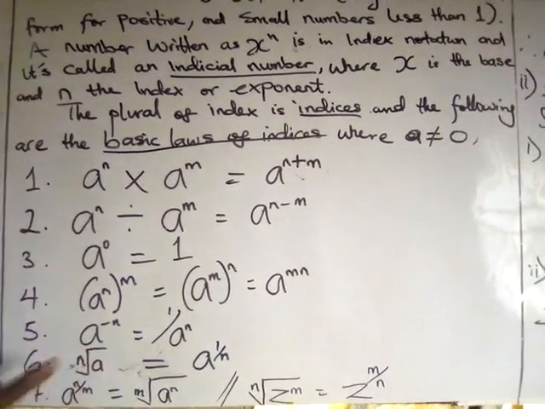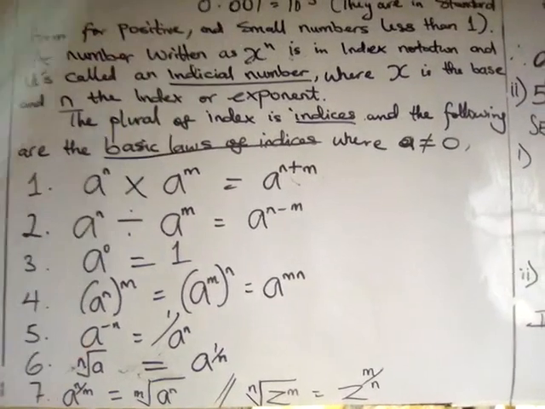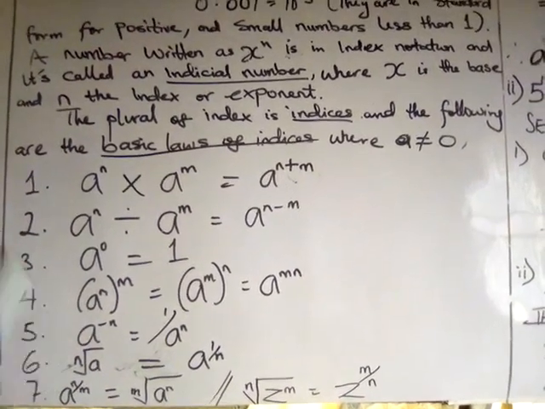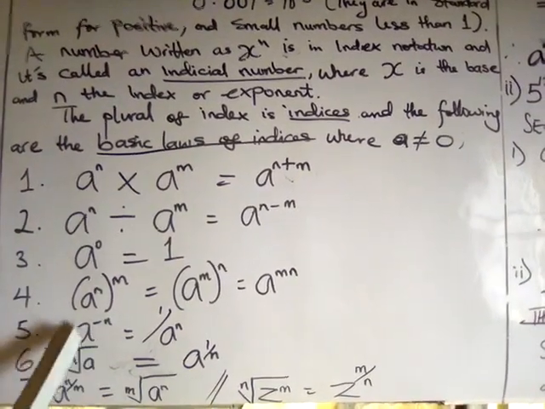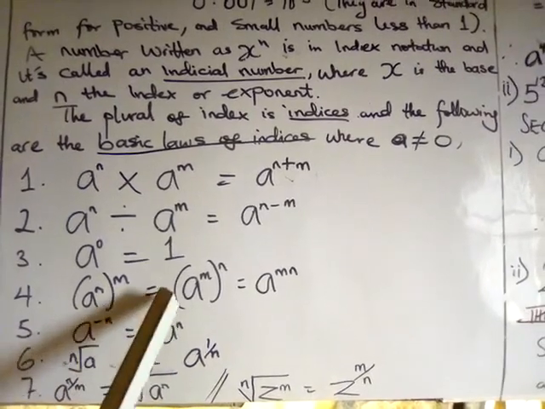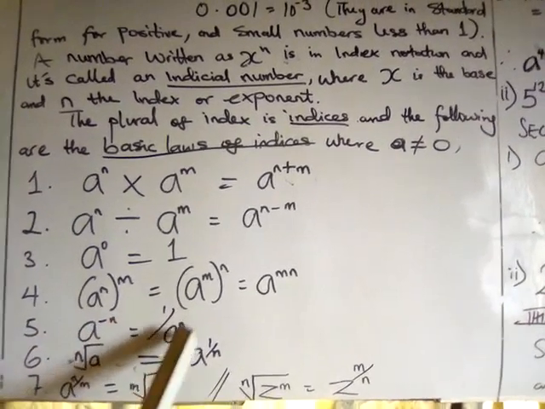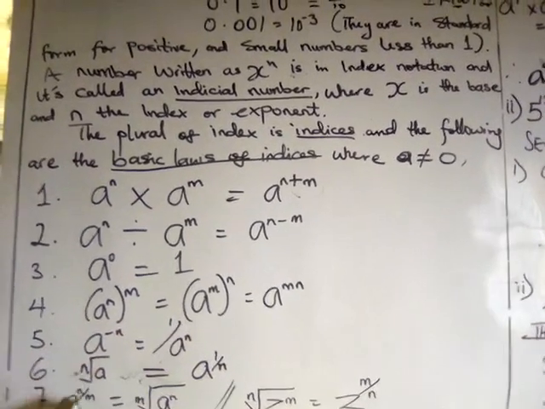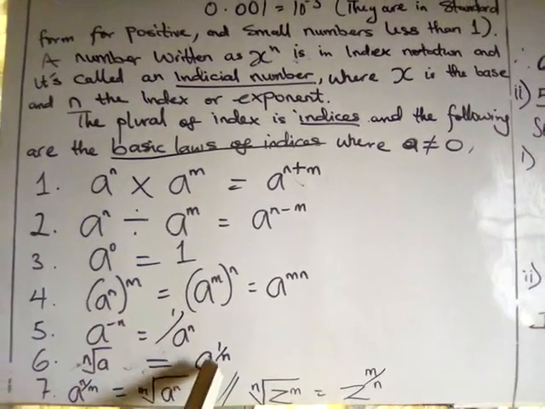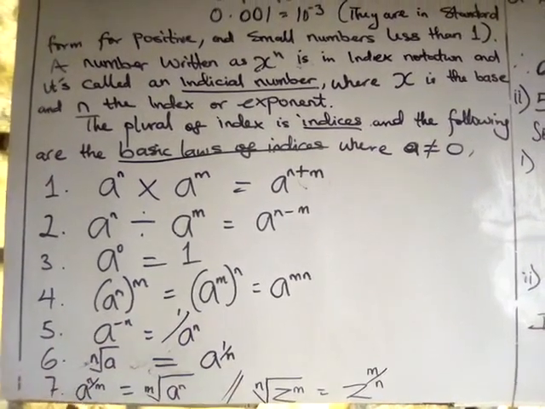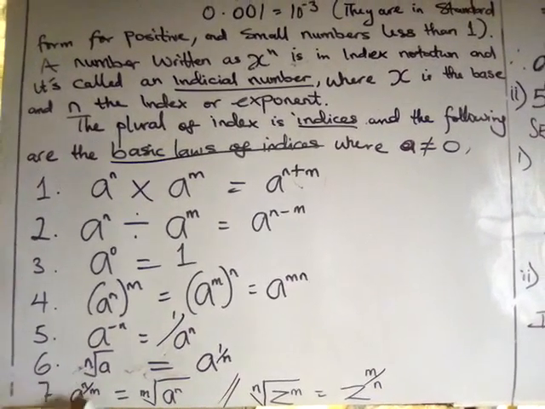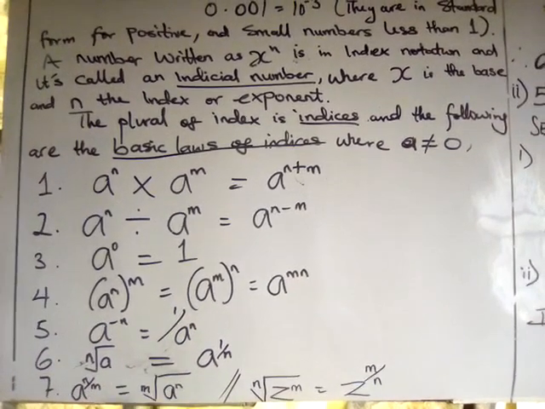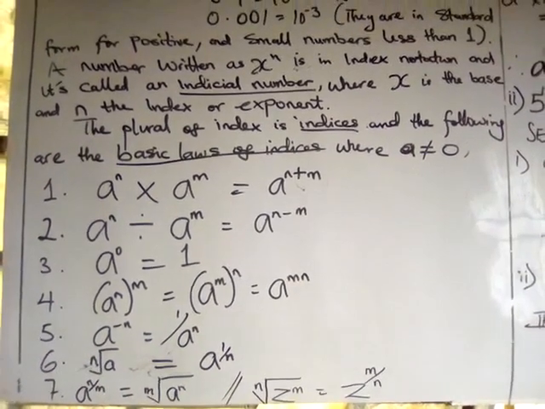Like I told you earlier about numbers less than 1, a raised to the power minus n is equal to 1 over a raised to the power n. And the nth root of a is equal to a to the power 1 over n, so a raised to the power m over n is equal to the nth root of a raised to the power m.